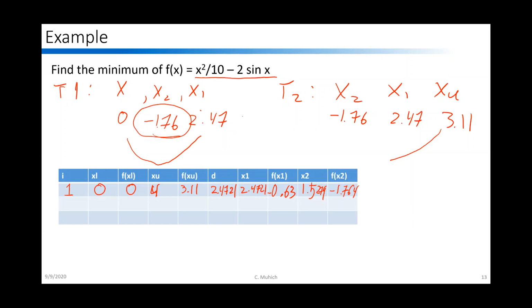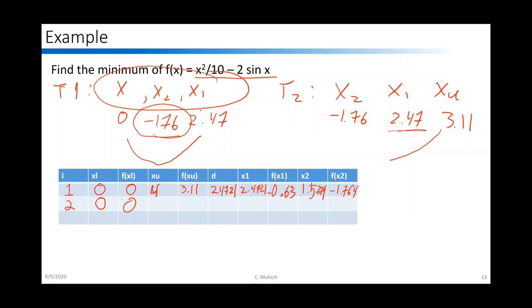x2, negative 7.16, is lower than this 2.47. So this triplet set, the left triplet set, is going to contain that minimum. So when I move on to step 2, I'm going to retain XL.